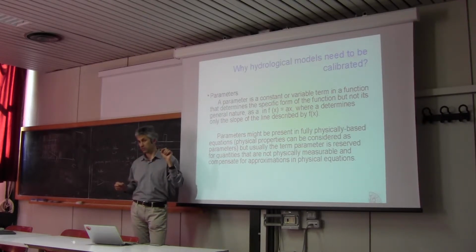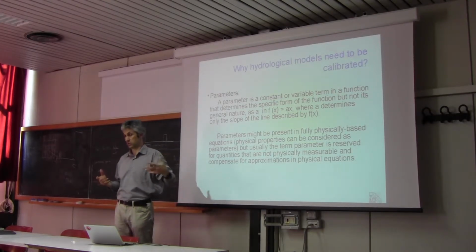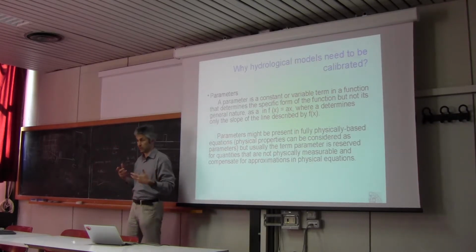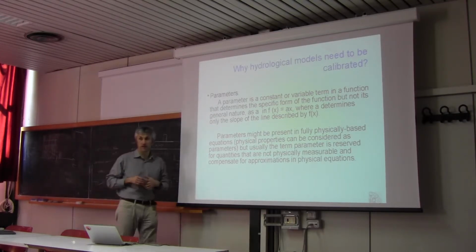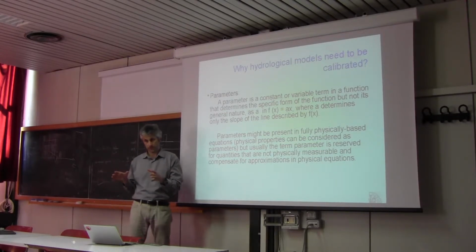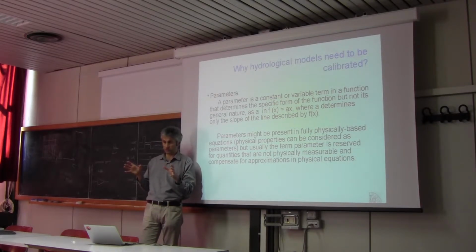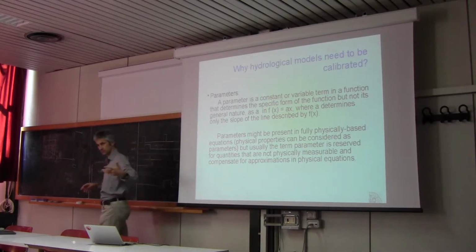Gravity is a good example, because in our models it can be treated as a parameter, but you wouldn't think to give gravity a value which is not the real physical value, because gravity can really be measured. So nobody would use the term parameter for gravity. So the moral of the story is, a parameter is something that may change in a model. It may have some partial physical meaning, so we can get a guess of its value, but still it is something that needs to be adapted.